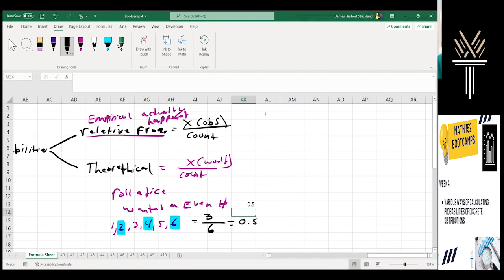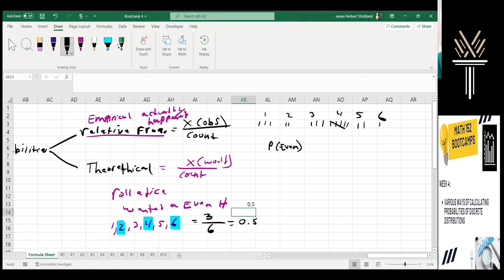Let's say that we have these 1, 2, 3, 4, 5, 6 categories, like we stratified, and we kept rolling the die, and we just kept tally marks of how often certain numbers popped up. Something like that. And I want the probability of an even number based off what actually happened.